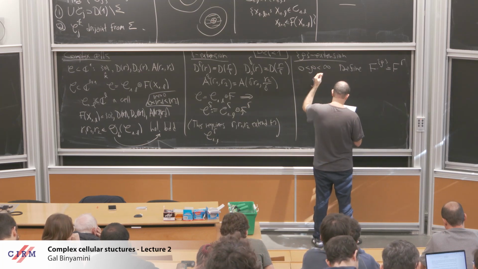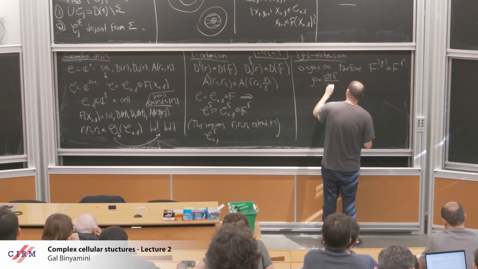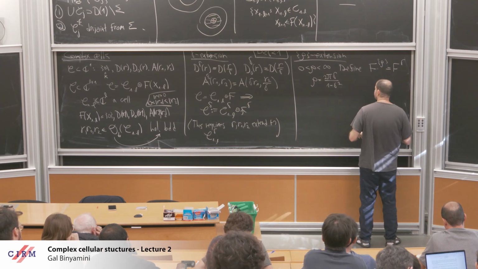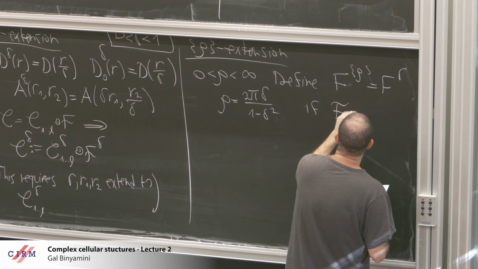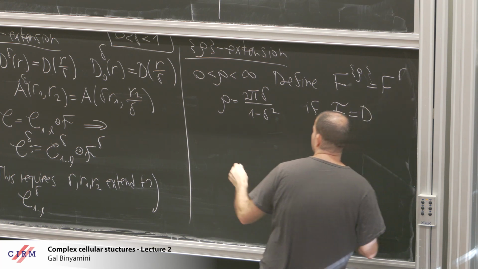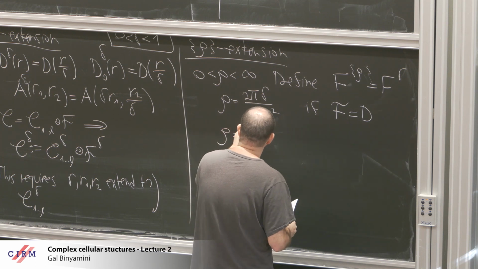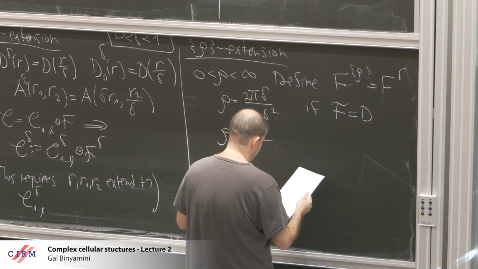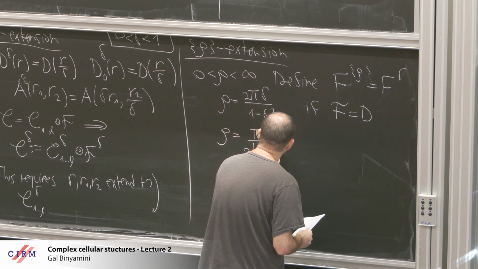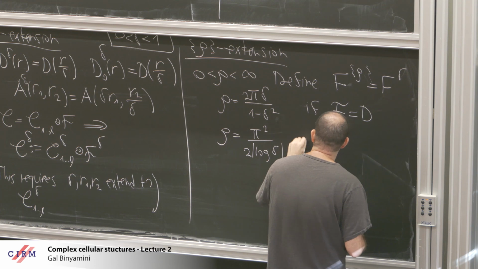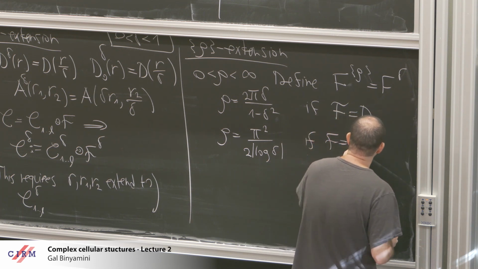Rho should be 2 pi delta divided by 1 minus delta square if this fiber f is a disk. And rho should be pi squared divided by 2 log delta if f is a punctured disk or an annulus.